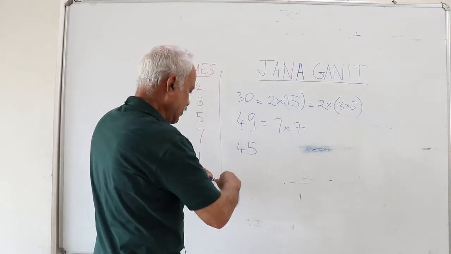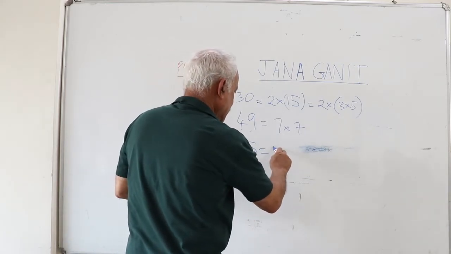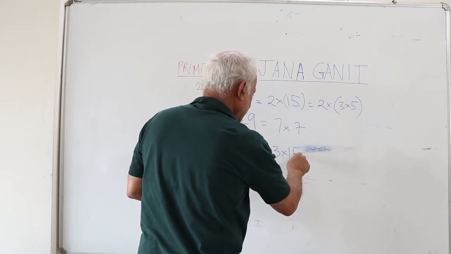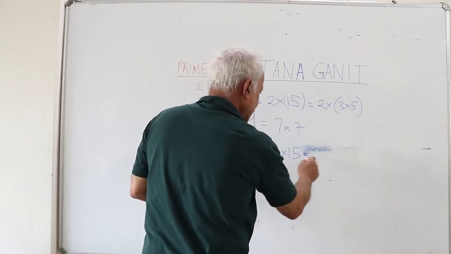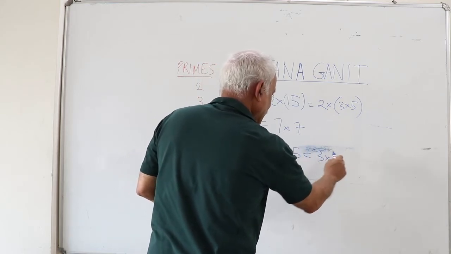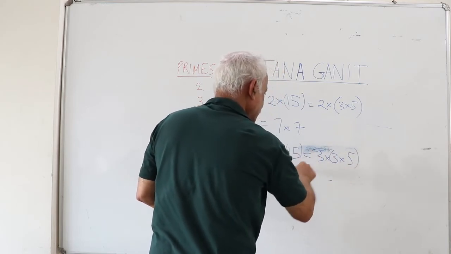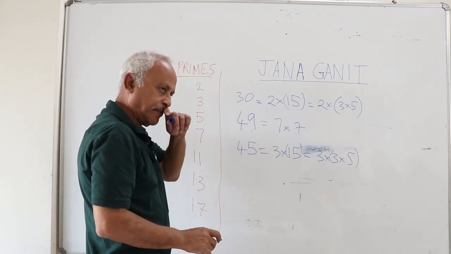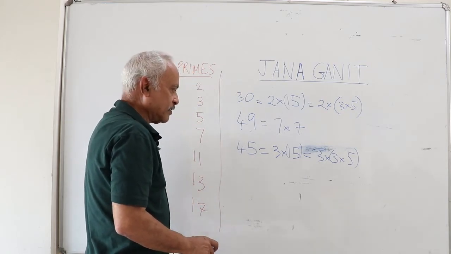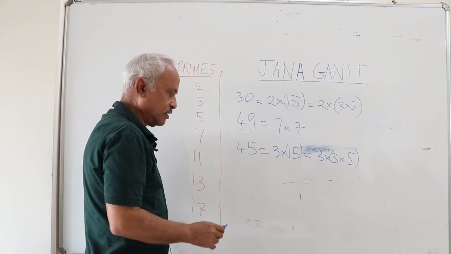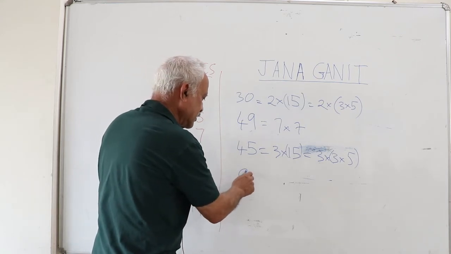We wrote 45 is equal to 3 into 15, and then we checked that 15 was 3 into 5. Okay. Now factorize 98.